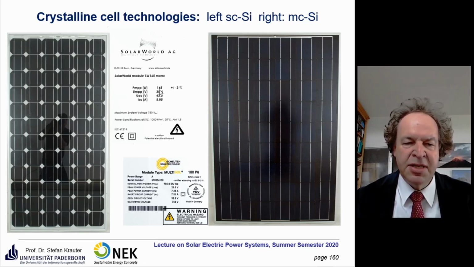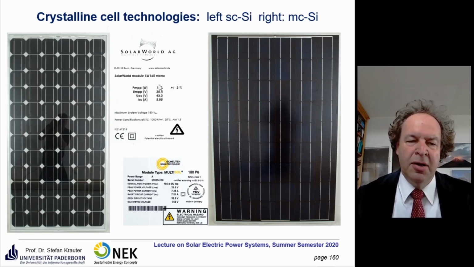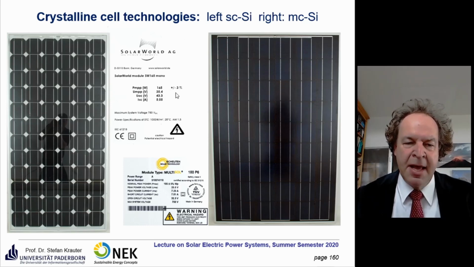During that time, it was 165 watts. As I told you already, nowadays the power of a typical high-grade solar module is 400 watts. There is a tolerance of plus or minus 3%.